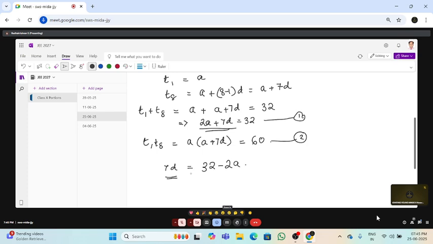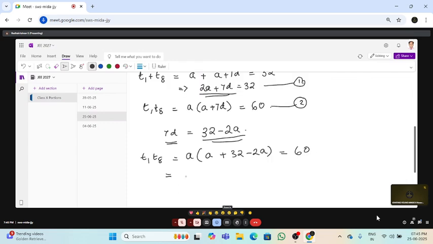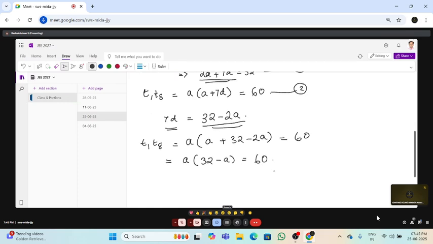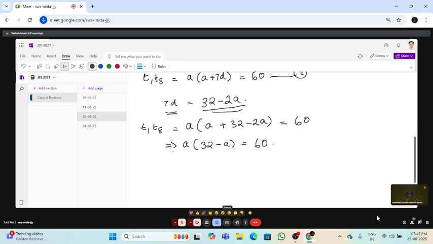Okay. So now I will get a quadratic in A, which we can solve. So A into 32 minus A. A minus 2A is minus A. So 32A minus A square equal to 60, or A square minus 32A plus 60 equal to 0.